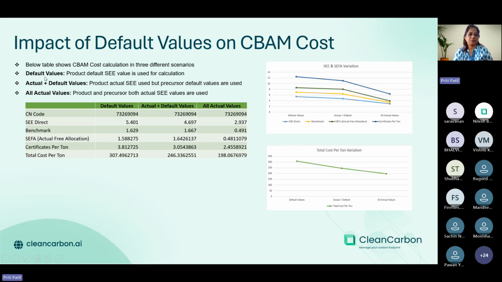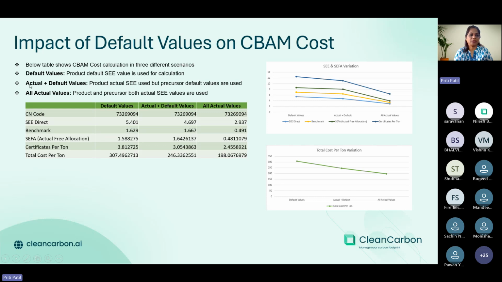First scenario is default values. So you have not got any CBAM report done. If you don't have the CBAM report, EU authorities will charge you as per the default values. How those default values are calculated, we can see here.